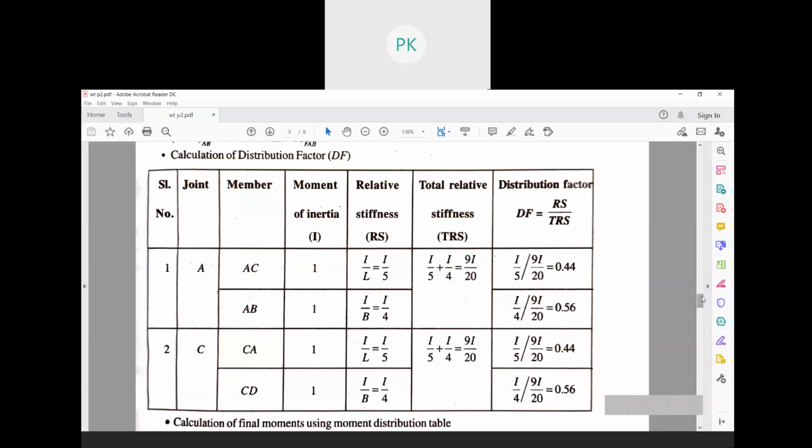So relative stiffness for AC is I by 5, total relative stiffness 9I by 20, which gives 0.44. Next, for the distribution factor for AB, we have relative stiffness I by 4 and total relative stiffness 9I by 20, which is 0.56. Similarly, for joint C, for CA, we will get the distribution factor 0.44, and for member CD, we will get the distribution factor 0.56.